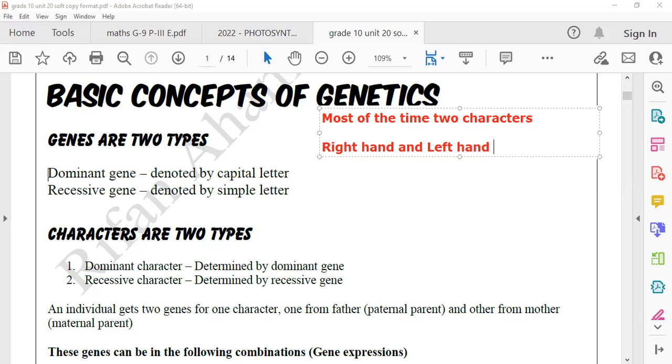In the whole human species, right hand is the dominant character. Left hand is the recessive character. Remember, that will not change from person to person. That will be decided for a species. If it is dominant in you, the same thing will be dominant in me also. Understood?